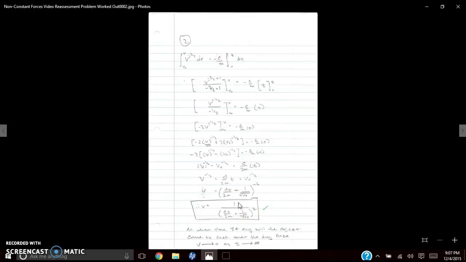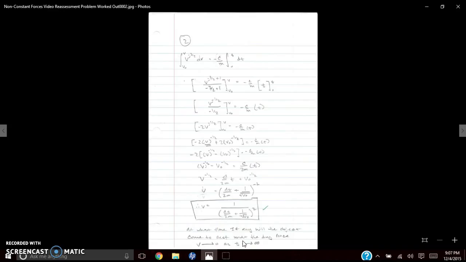The second part of the problem asks at what time, if any, it will come to rest. So we're trying to see at what time v equals 0. Since v is 1 over this expression, v never actually goes to 0, but it approaches 0 as t approaches infinity.